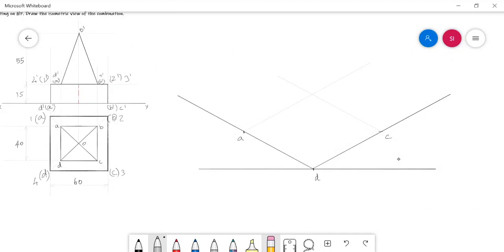These two lines will intersect at a point, and that intersection point is nothing but the corner B. And then the corners 1, 2, 3, 4 can be elevated up by the height of 15 mm from the corners A, B, C, D respectively.